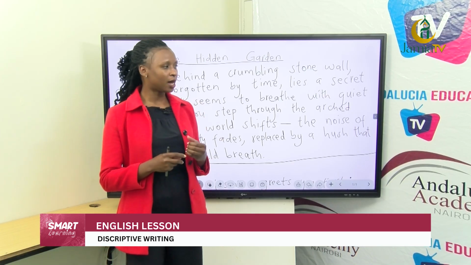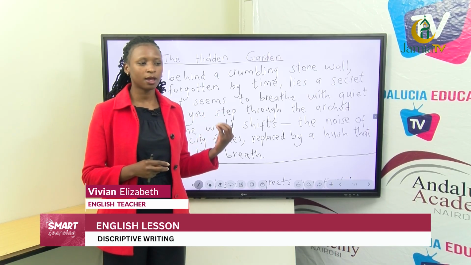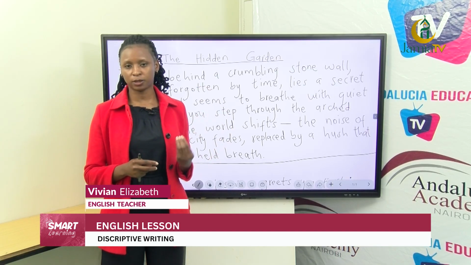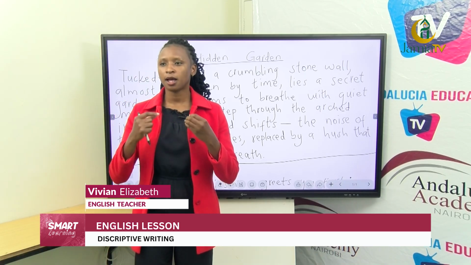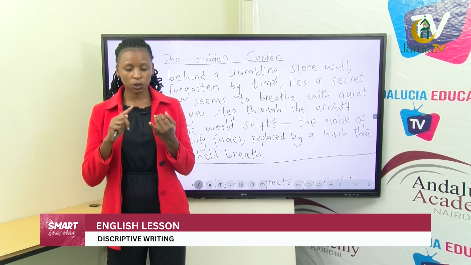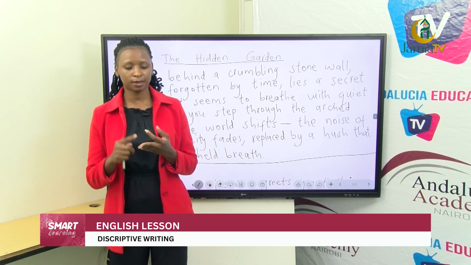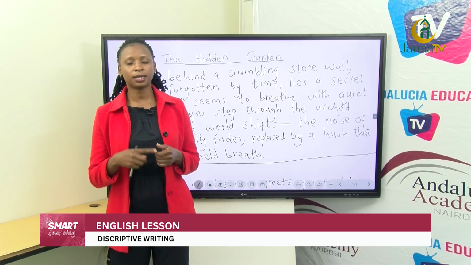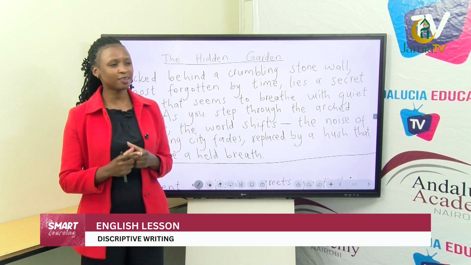So today, again, last time we talked about achieving a good descriptive text, and we said we must make a choice of vocabulary that appeals to the five senses. We talked about the sense of touch, hearing, taste, sight, and smell.